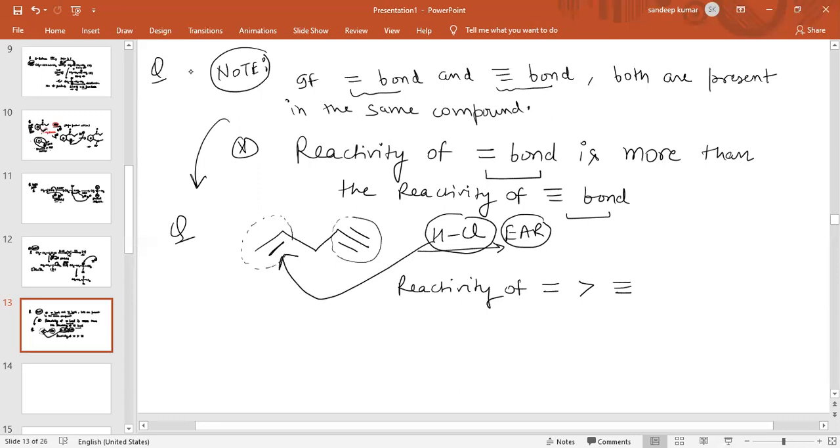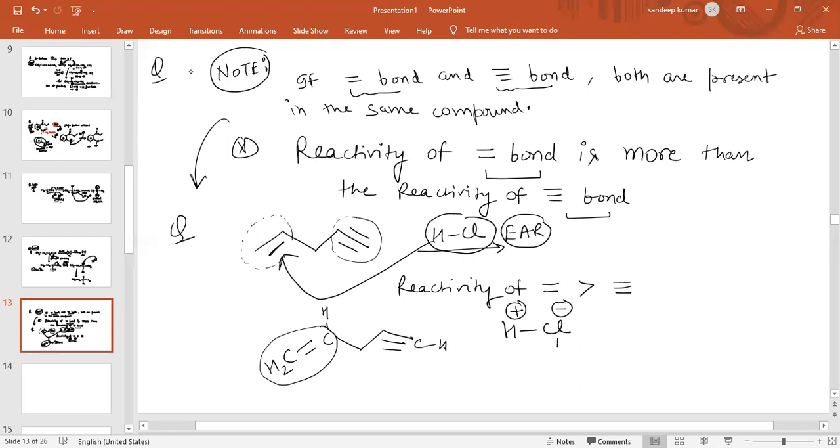Now you can see this is a double bond carbon, again there are two hydrogen atoms, so to fulfill the valency, three bonds are there. So on this carbon atom there is one hydrogen atom. Now again a carbon atom, there is only one hydrogen, so this addition will occur across this double bond. Now addition of which compound? Addition of HCl. So there is basically H positive and Cl negative.